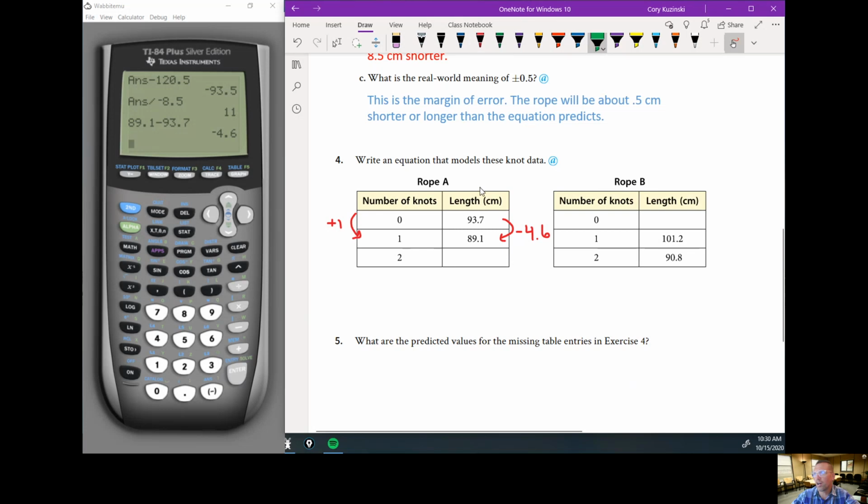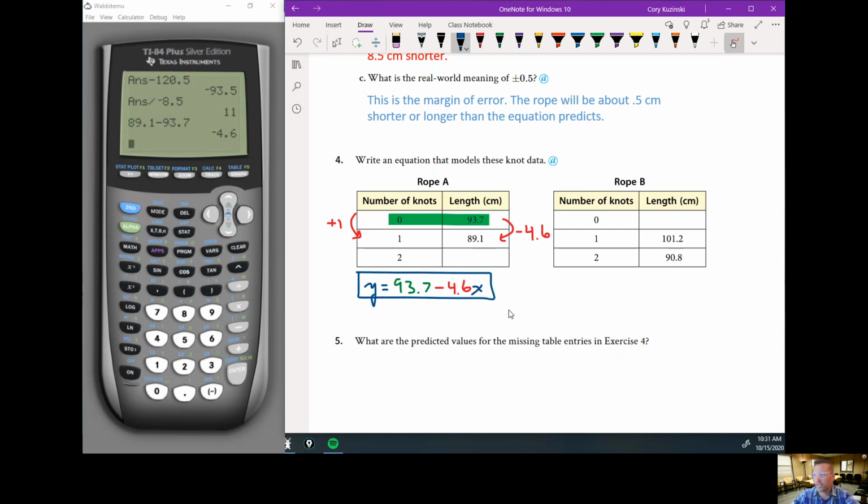You can see that our y-intercept is 93.7, so it makes it pretty easy to write our equation. Y equals 93.7 minus 4.6x.